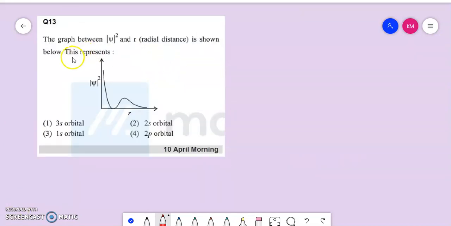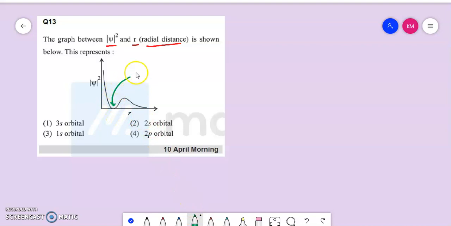Now the next question. The graph between chi-square, the radial probability density, versus r, the radial distance, is shown below. That is the chi-square versus r graph. And this graph corresponds to which orbital? Children, if you observe the graph, here you can see the node.